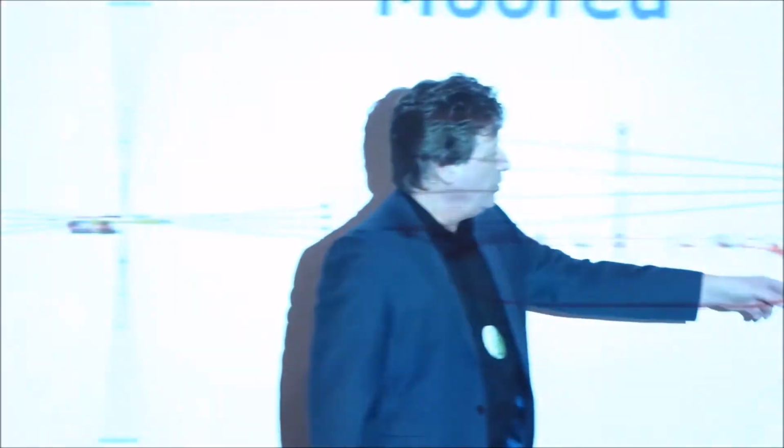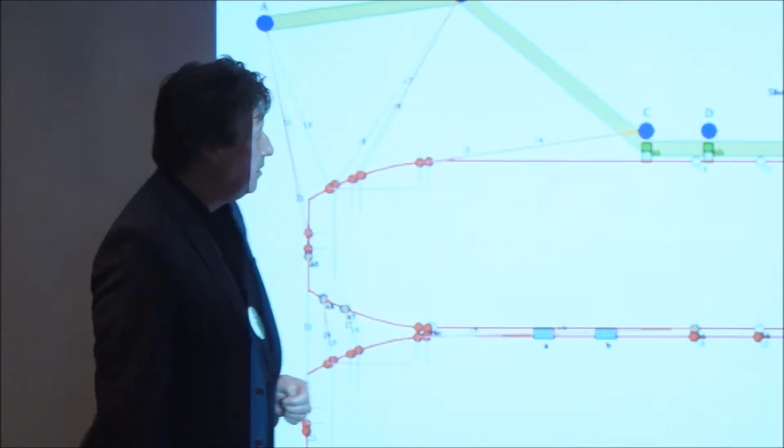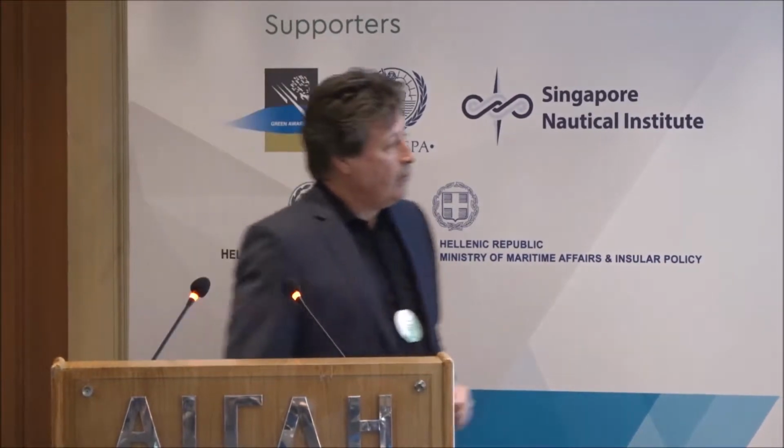This is a turret moored simulation, so you can see the 16 chains go from one point on the host, and then we have the ship-to-ship connections there. So there's a very large LNG based on the Prelude example, which we've done a lot of work with Shell over the last few years.